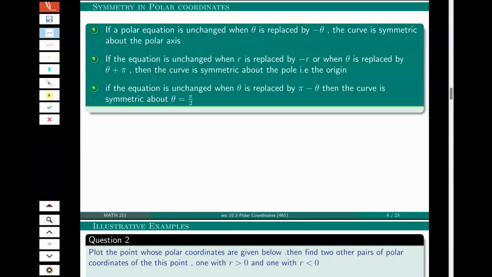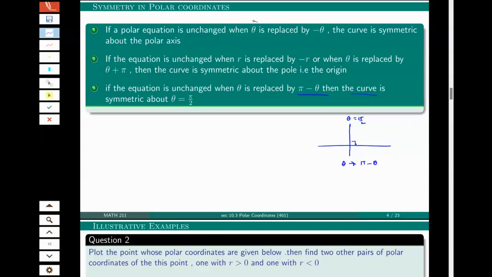Okay, if the equation is unchanged when we replace vector by minus vector, then the curve is symmetric about vector equal to pi over 2. This axis we call vector equal to pi over 2, and we will have the symmetry if we replace vector by minus vector and we get the same equation. So it will be symmetric about vector equal to pi over 2, which is the y-axis.